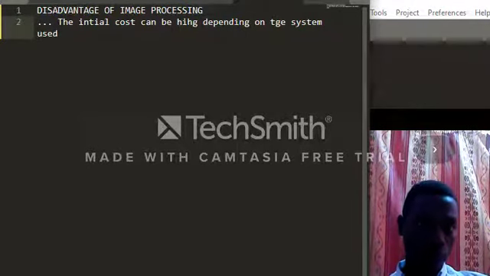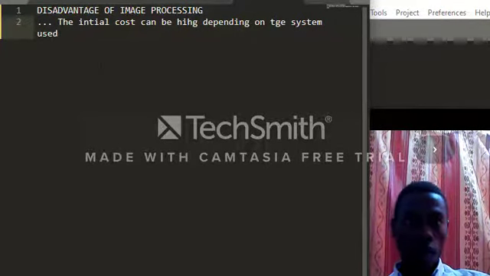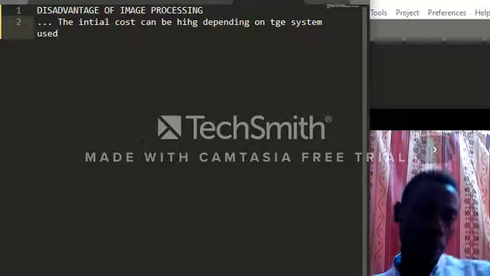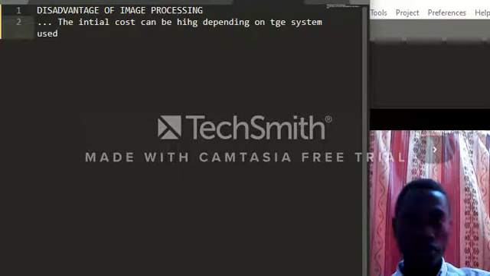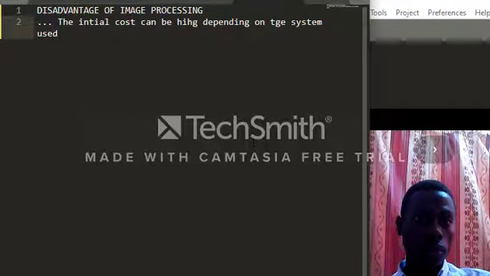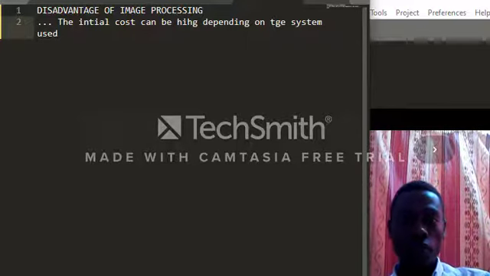The initial stages when performing image processing can be very costly, and this depends on which kind of system you decided to use.